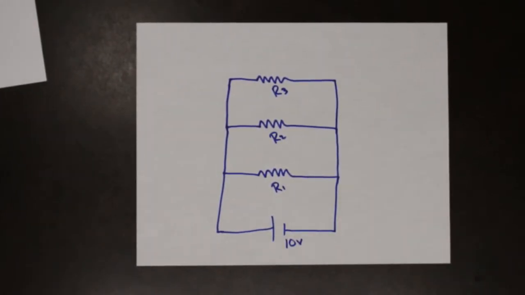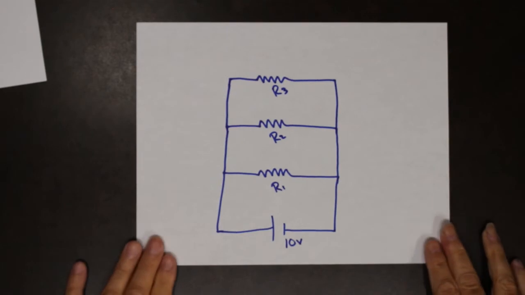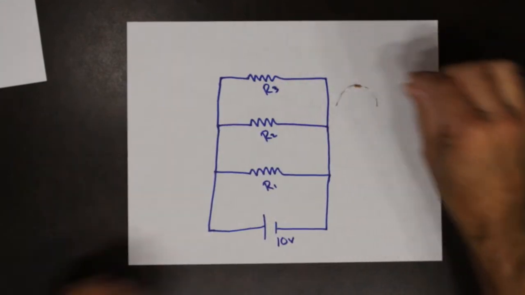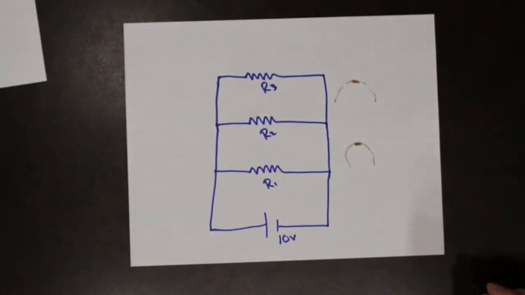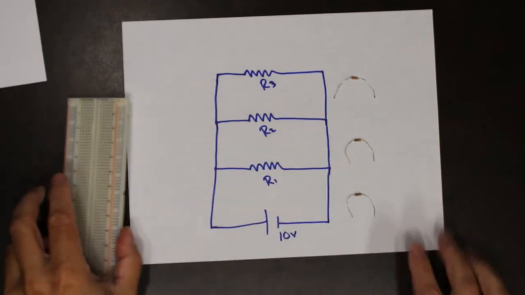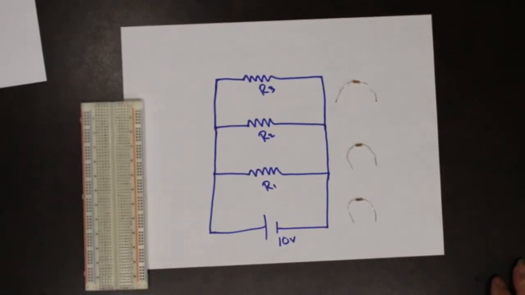Okay, so let's put this all into a real life example. So I grabbed 3 resistors from my kit and my breadboard. And what we're going to do is build this parallel circuit.